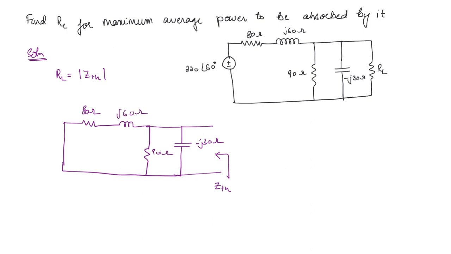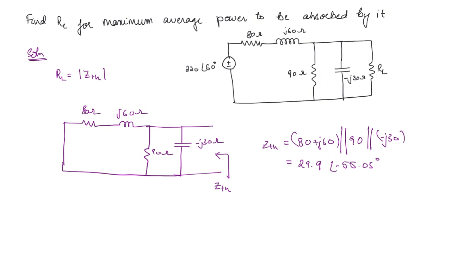Okay. So you can see that there are 3 branches in parallel. So what you are going to get? ZTH is equal to 80 plus J60, they are in series, which is in parallel to 90, which is in parallel to minus J30. This you are going to get 29.9 angle minus 55.05.